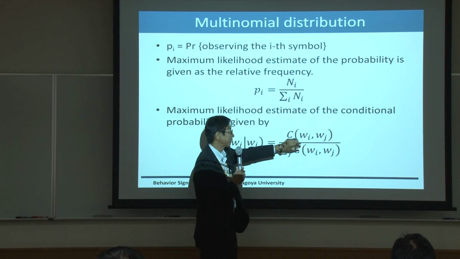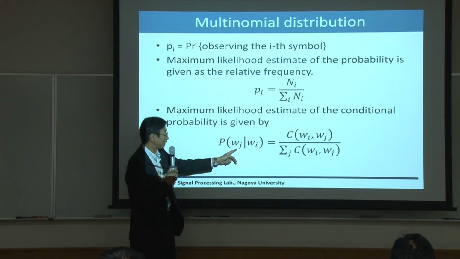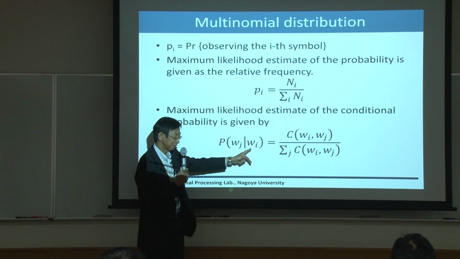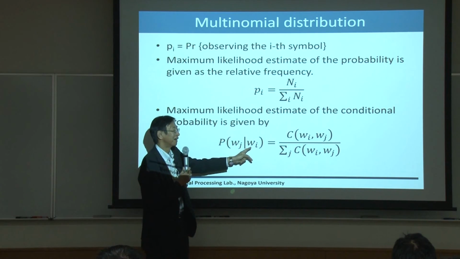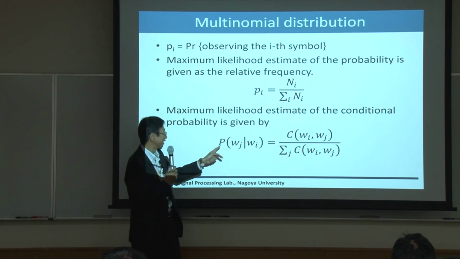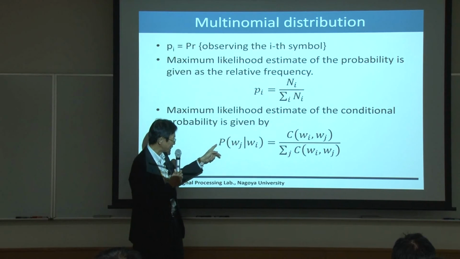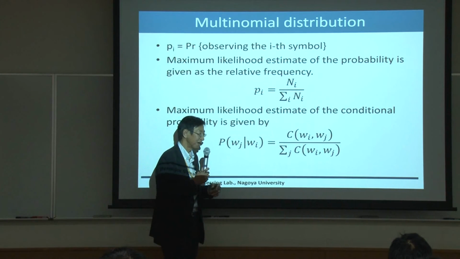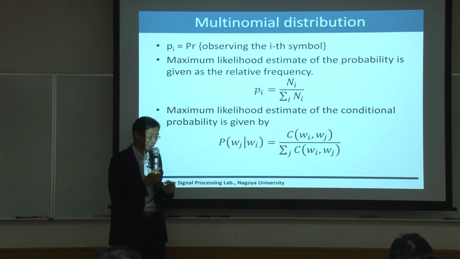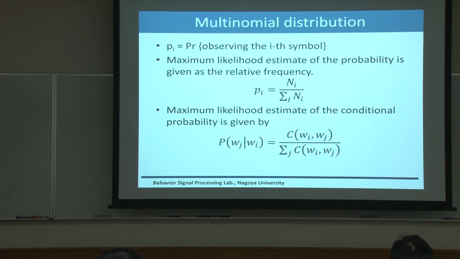Therefore, the probability of map following D is 100 over 10,000. That is the bigram probability. Actually, this is mathematically the maximum likelihood estimate, but I won't say much about that.